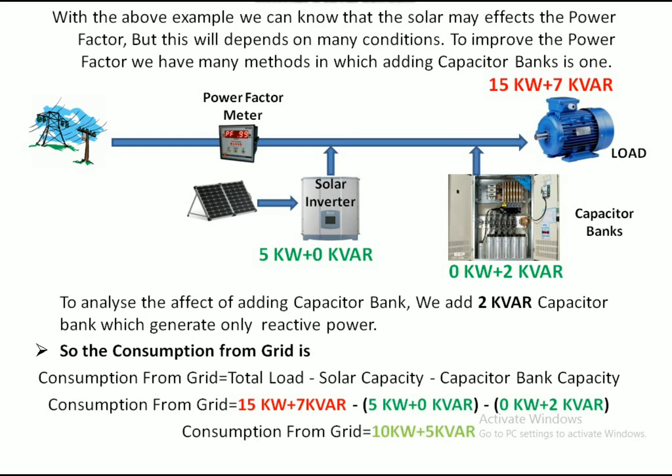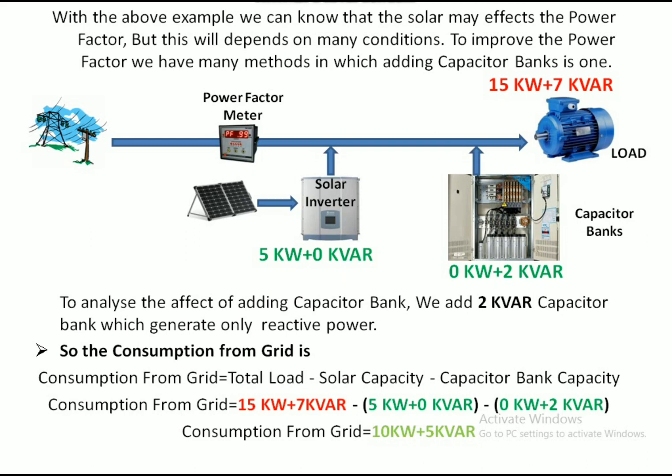Consumption from the grid is equal to 10 kW plus 5 kVAr, which means the 15 kW active power load will be shared by 5 kW of solar and the remaining 10 kW will be supplied by the grid. Similarly, the 7 kVAr reactive power load will be shared by the 2 kVAr capacitor bank and the remaining 5 kVAr will be supplied by the grid.